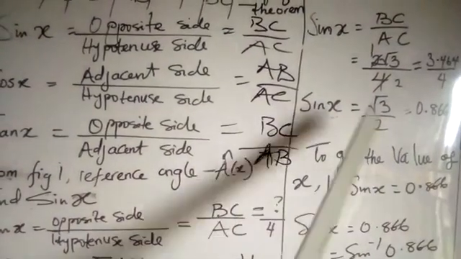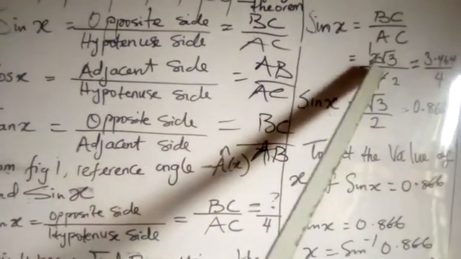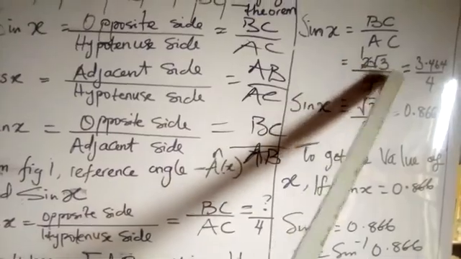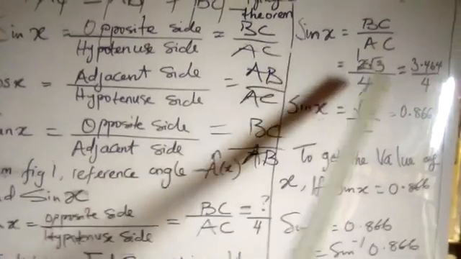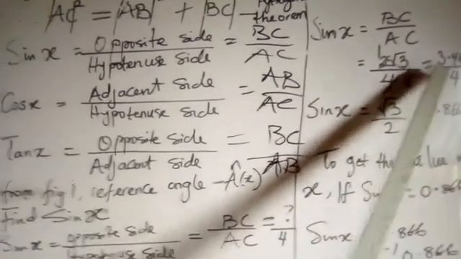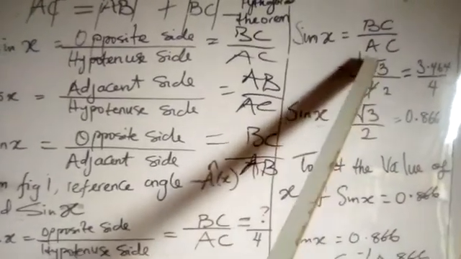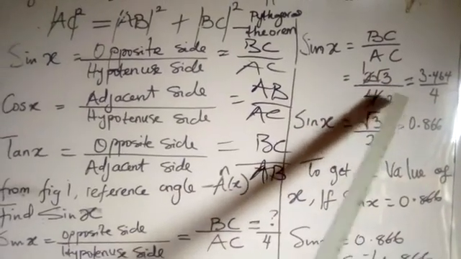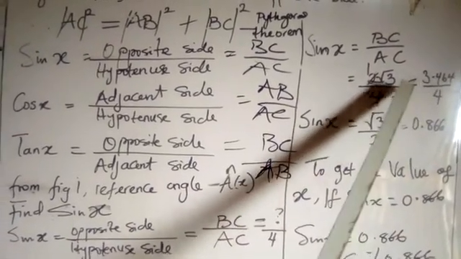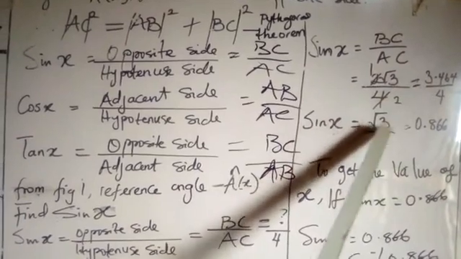We have gotten the value for our BC, which is what? 2 root 3, and our AC, which is the hypotenuse, is 4. So 2 in 2, 2 in 4, 2, then you have root 3 over 2.